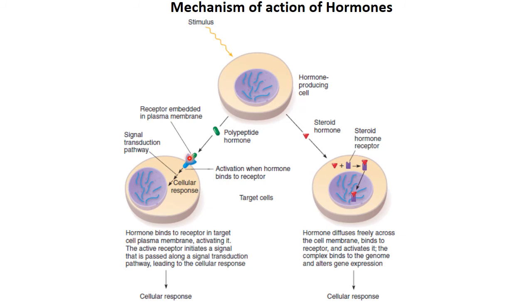However, the steroid hormones can diffuse through the cell membrane of their target cell and bind to specific intracellular receptors. Those receptors will move to the nucleus and bind specific regions on the DNA, and that's how they will affect the transcription of many genes and the response of the cell.